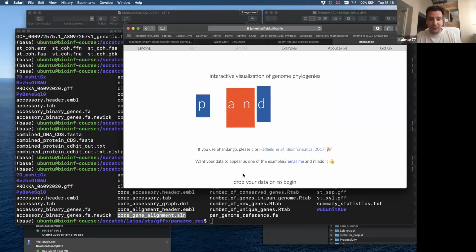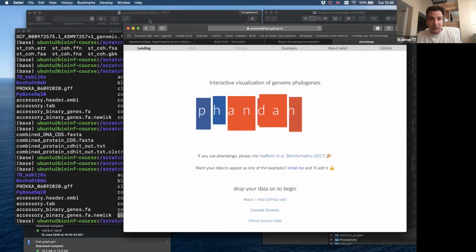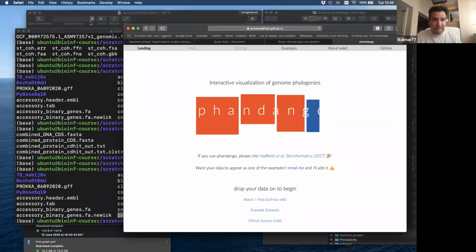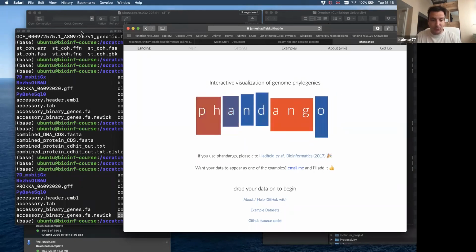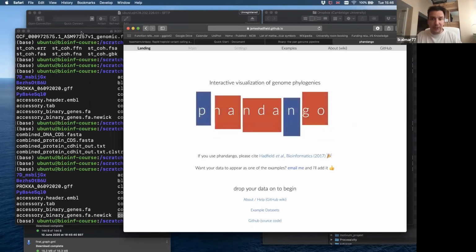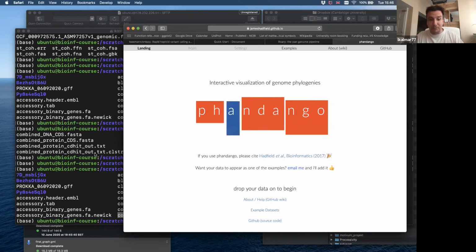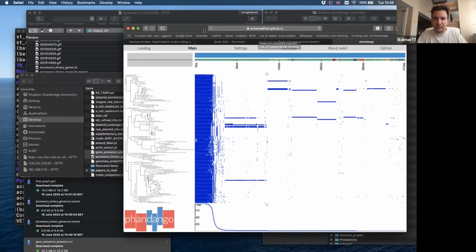multiple isolates. I will just take one of our old projects where we compared Staphylococcus chromogenes species to each other. And then you will see that sometimes you can have a nice big block of accessory genes that are only present in one branch of your tree.